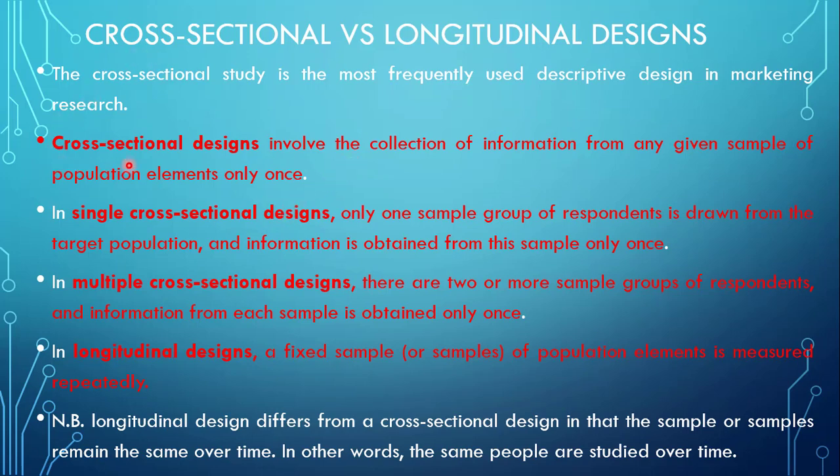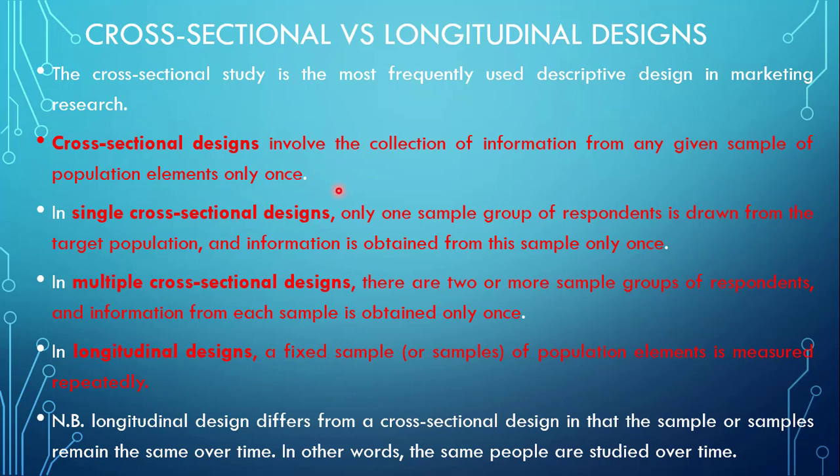So when you say cross-sectional design, the respondents will be used only once, meaning the data that you are going to collect from the respondents will be only once. But when you are going to use longitudinal research design, you can collect data many times from that specific population or that specific respondents.